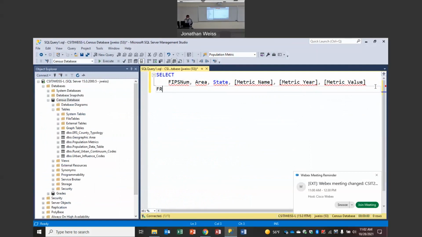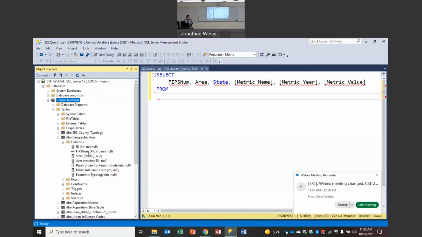The next thing we have to figure out is what tables those fields are in. And as I said, FIPS num, area, and state are in geographic area. We can look right here in our database. We see FIPS num, state, and area.